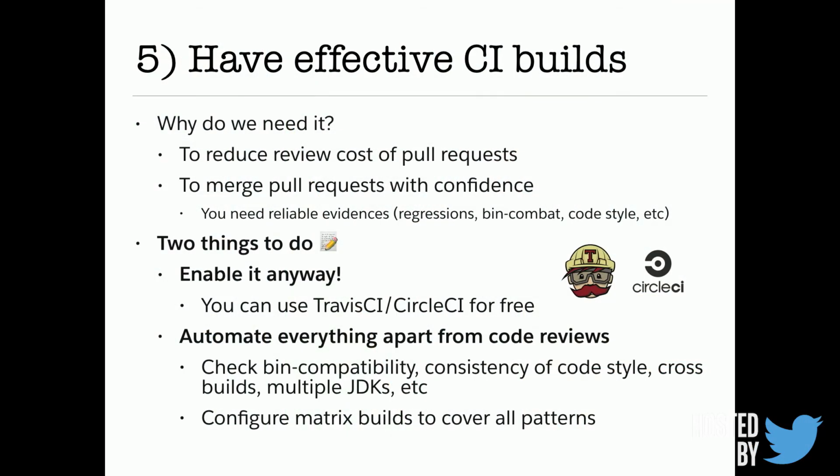First one is very, very basic, but if your project doesn't have any CI builds, you need to enable it anyway. You can use Travis CI or Circle CI for free for open source projects. I always really appreciate it, so there's no reason not to use it. And after enabling it, you can automate everything apart from code reviews.